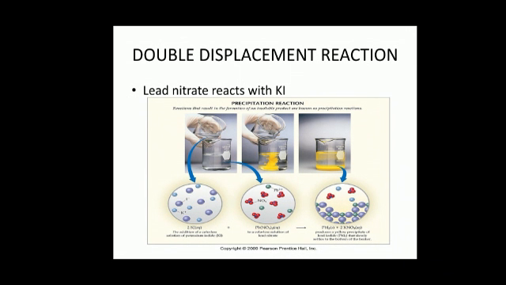You can see in the first picture, in both the beakers, the aqueous solution of KI and the aqueous solution of lead nitrate look like water, completely transparent. But as soon as they are added into each other, see what happens. In the second picture you can see a yellow precipitate appearing.